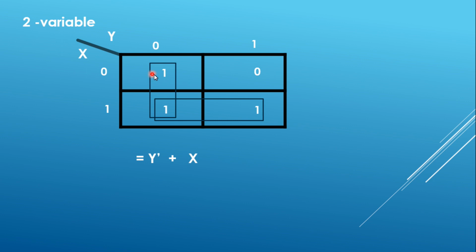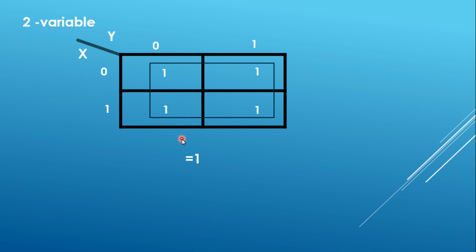The constant variable is y, but it is 0, so it will be represented as y bar. In the second pair, x is constant, which is 1, so we will keep x, but y is changing from 0 to 1, so y will be removed. So the final minimized expression will be y bar plus x.